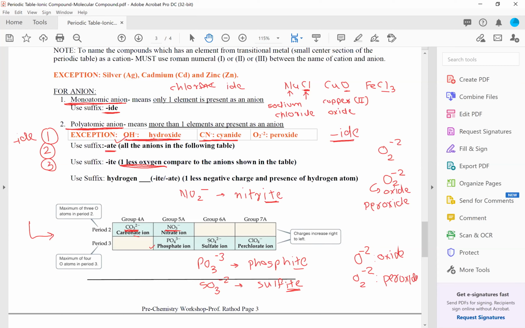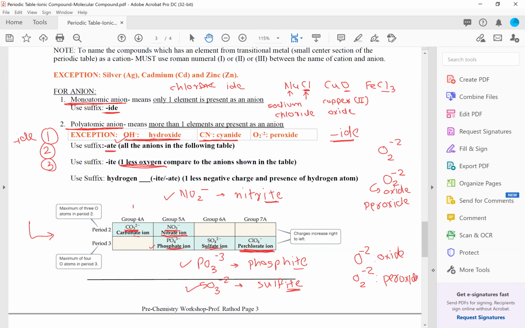So nitrite, phosphite, sulfite. For perchlorate, it is an exception. I'm going to give you more detail in a minute about how we name it when it has fewer oxygens. But you can apply this "ite" rule to nitrate, phosphate, and sulfate, these three.